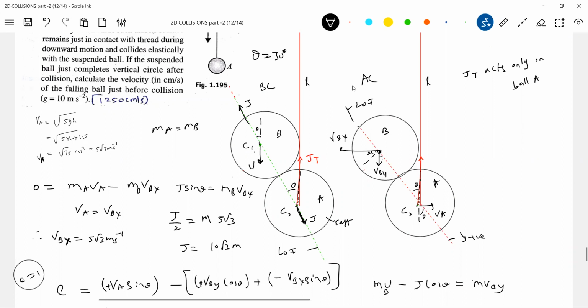Impulse is acting, J cos theta. J cos theta will be there, no? Because of J cos theta, things will change.